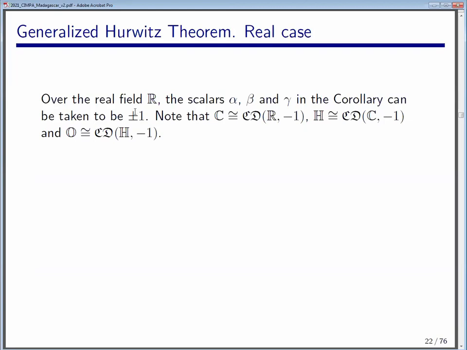And the classical real division algebras that we were talking about the first day are obtained as follows. The complex numbers are, up to isomorphism, the algebra that we obtain by doubling R with the scalar -1. The Hamilton algebra of quaternions, the real division algebra of quaternions, is obtained by doubling the complex numbers with the scalar -1.